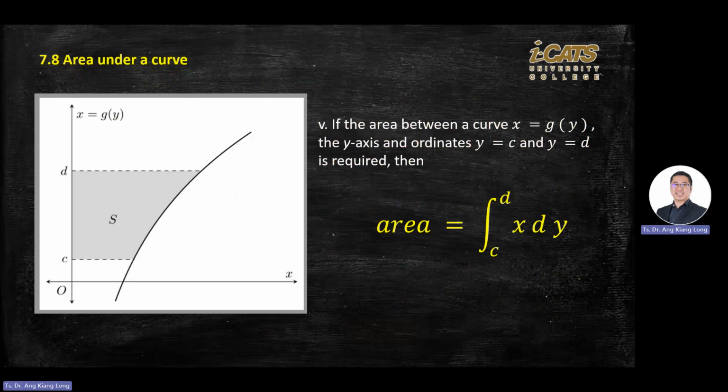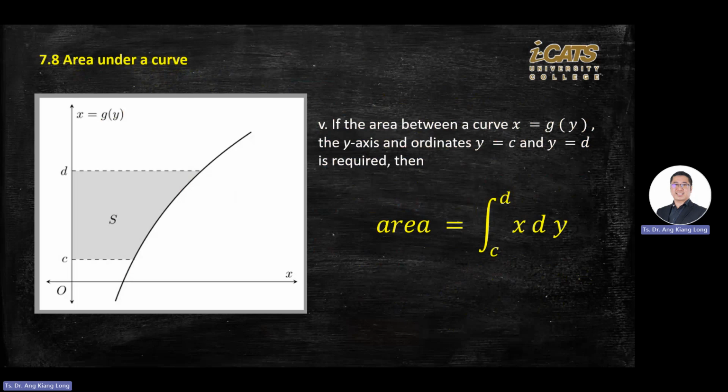If the question asks you to calculate area equal to y dx, it will be here. This is your y. Let's say your area will be here. This one will be integration of y dx, this area.